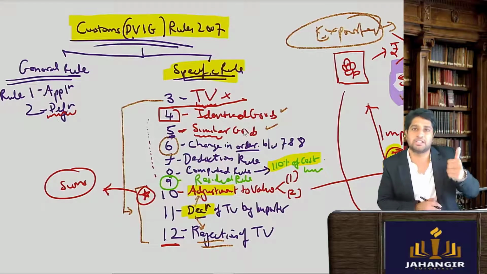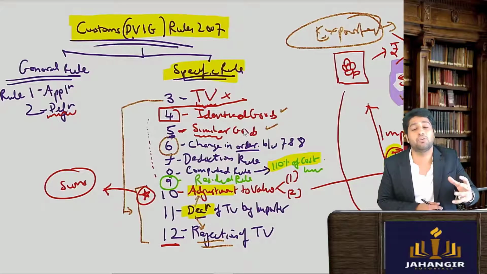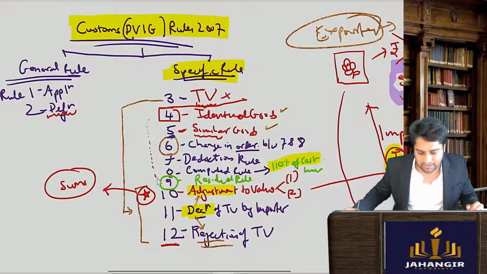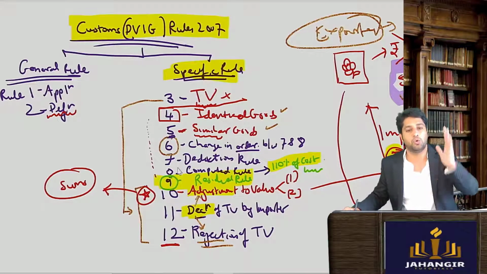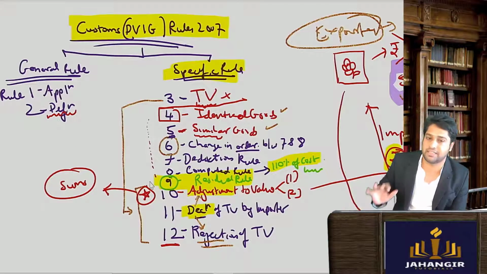So this is like a best judgment assessment or a value where he fixes the value because nothing else is fitting in. So then we tell him कि आपको जो ठीक लगा आप value रख दो और वही rule हो जाएगा. I hope all these rules from 1 to 12 are clear.